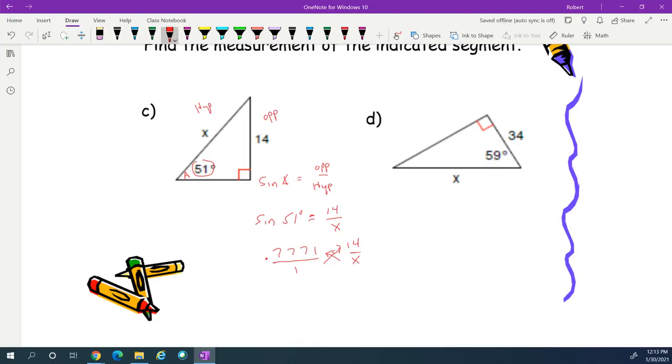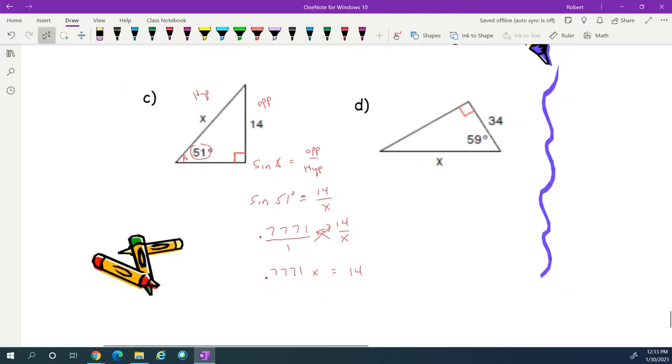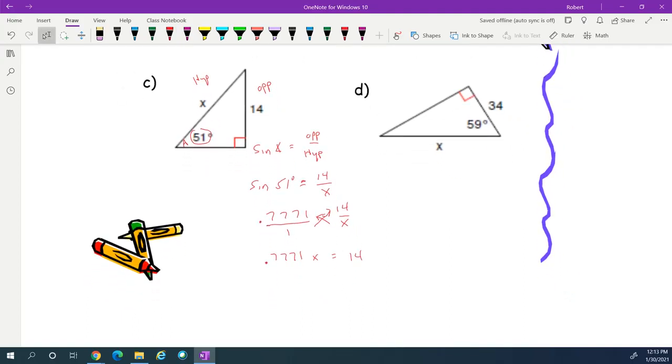1 times 14 is 14. On the other side, we have 0.7771 times x. I'm just going to shrink this a little bit. Now we have to divide by the number next to x. That's just basic algebra, but we have to be careful.